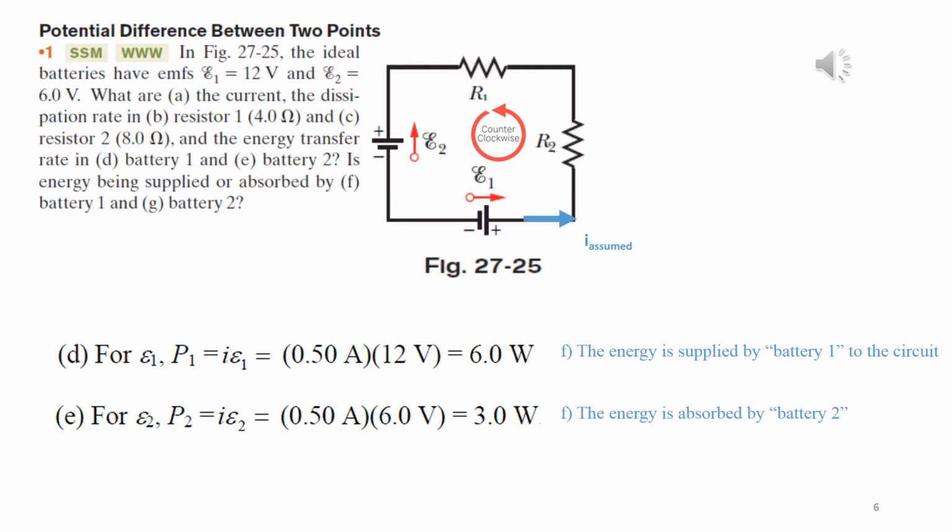Now, the power for the battery is I times the voltage: 6 watts for 1 and 3 watts for 2. The 6 watts are supplied by the battery to the circuit, it is delivering energy, and the other one is acting as a receptor of energy. It is absorbed by the battery too, the 3 watts.